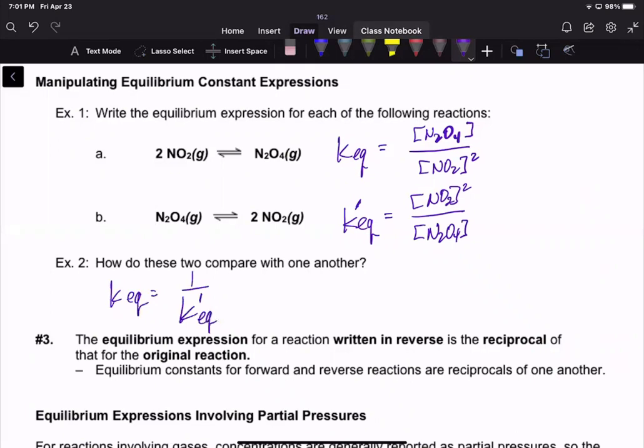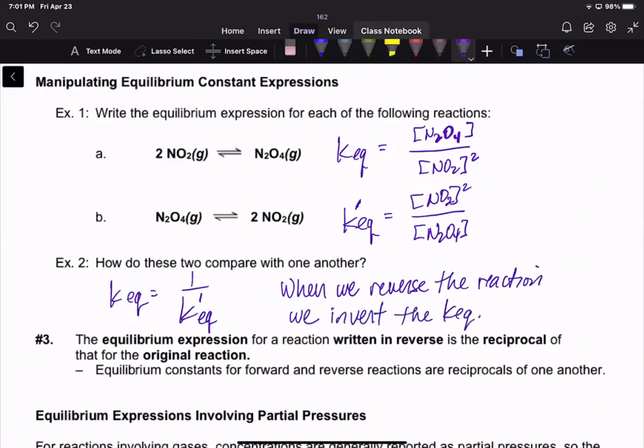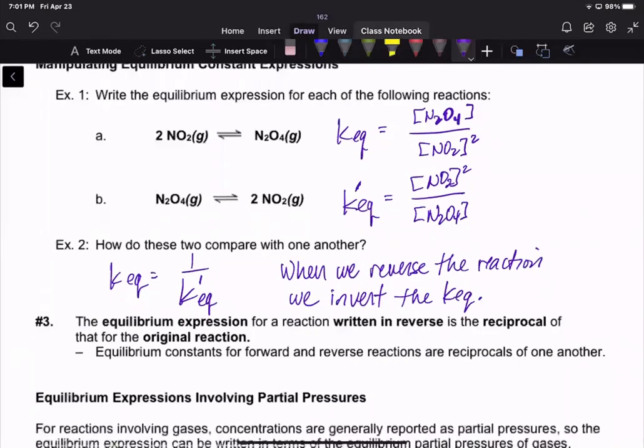So when we reverse the reaction, we invert the K. And that makes sense because if you think of it as products over reactants, you've reversed those. So then you would write your Kc for the equation as it's written. So those are reciprocals of one another.